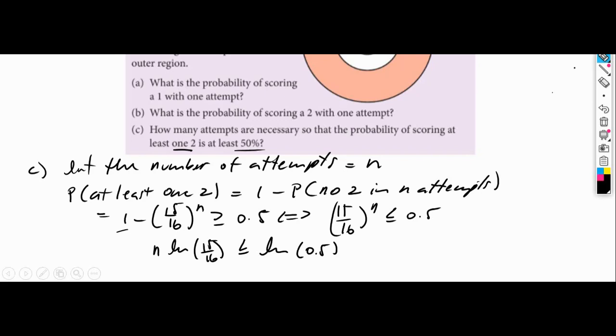And then this is simply going to be that n will be greater than or equal to the natural logarithm of 0.5 divided by the natural logarithm of 15/16. Now, why did we switch this? Because the natural logarithm of 15/16 is negative. And then finally, we're going to get that n will have to be greater than or equal to 10.74. So that means 11 attempts.